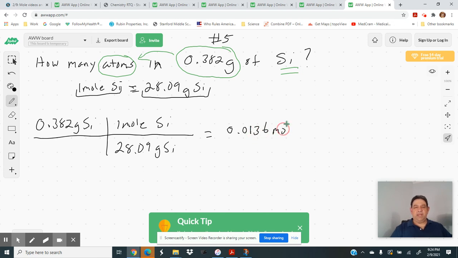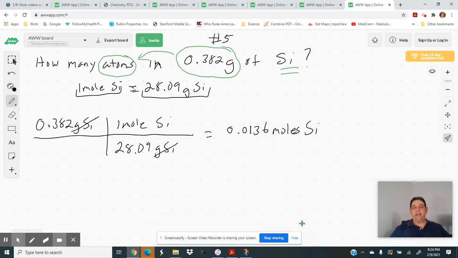And that ends up being how many moles of silicon. So the grams of silicon cancel here and here. We did that on purpose. 0.0136 is a small number, but it's rather valid. And even in a small amount of moles, there's a huge number of atoms. We're not done yet.